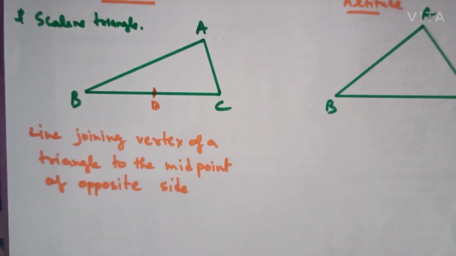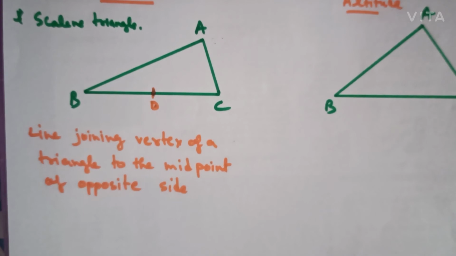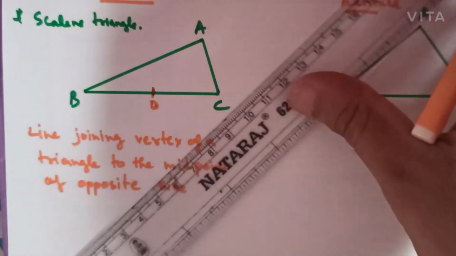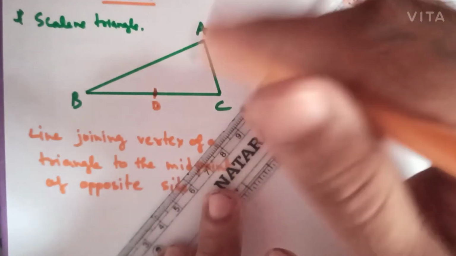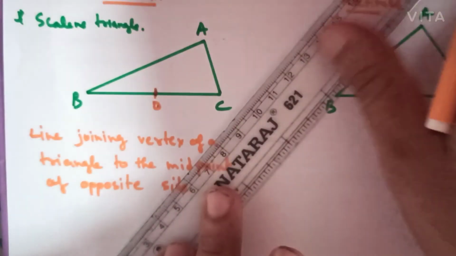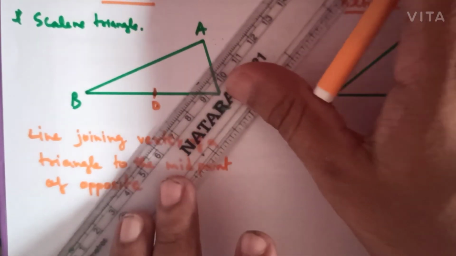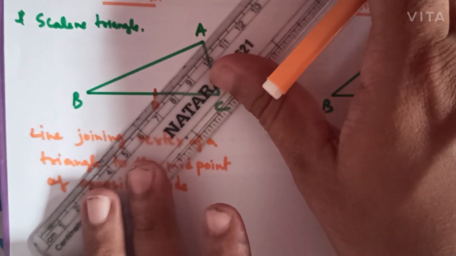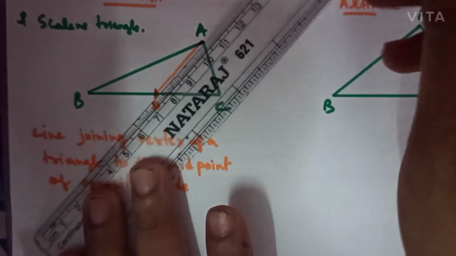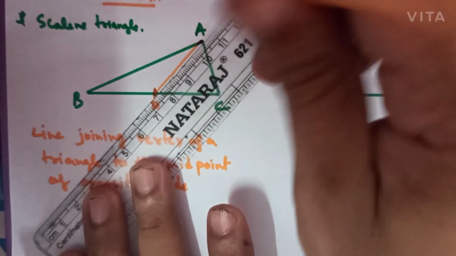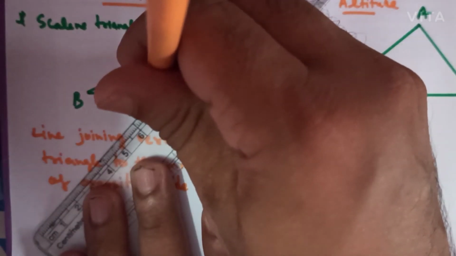If we join A, the vertex of the triangle, and the opposite side of this triangle is BC, and D is the midpoint of BC, so if we join A and D, we get AD. This AD is the median.